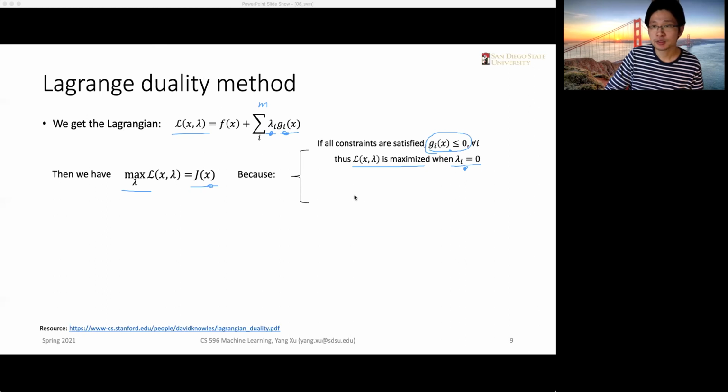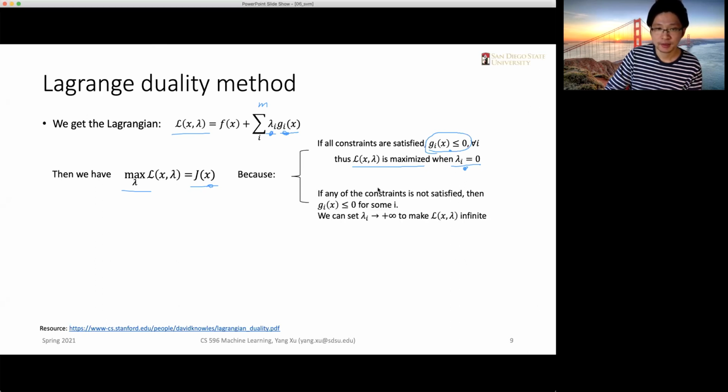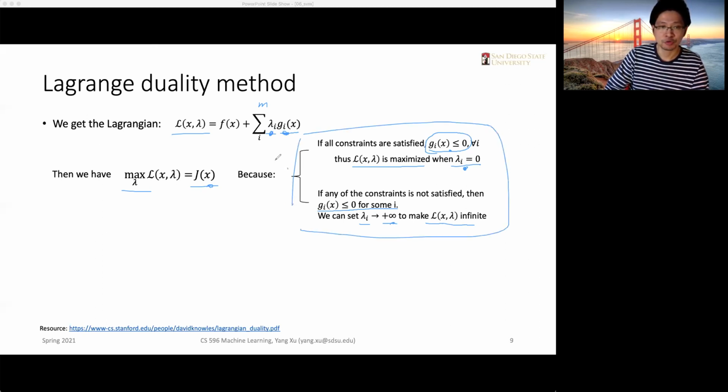And if the constraints are not satisfied, then for some i's, for some inequalities, we can set those lambda i to be infinity, so that the whole Lagrangian is infinite. So this thing on the right is equivalent to the j of x that we defined in the first place.